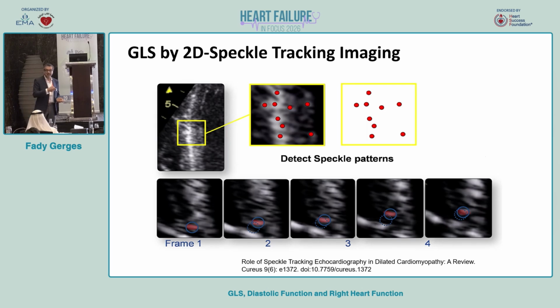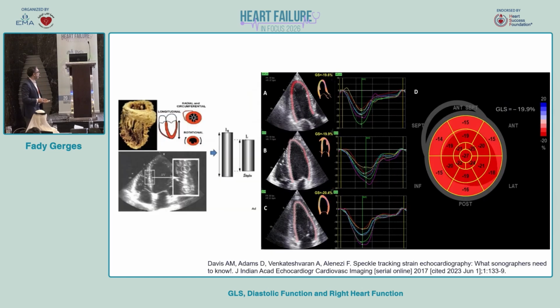So they track the speckles along the endocardial borders in all the views, 2-chamber, 4-chamber, and 3-chamber. At the end, they constitute a whole image about the values, which we will say later what the normal values of the strain are. So, for example, this is a normal strain. We call this a bull's eye. Just imagine you're doing an echo and you have a short axis, parasternal short axis for the patient.